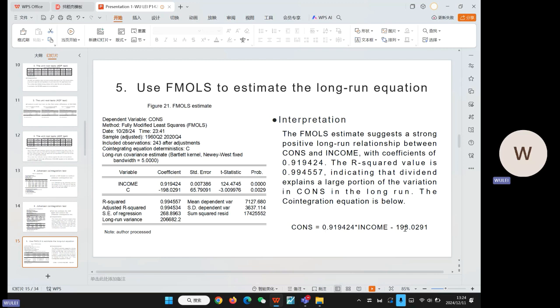You can see here the coefficient of 0.919424, and the R-squared value is 0.994557, indicating that income explains a large portion of the variation in cons in the long run. The cointegration equation is below.